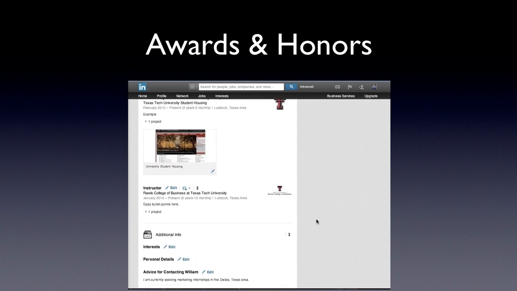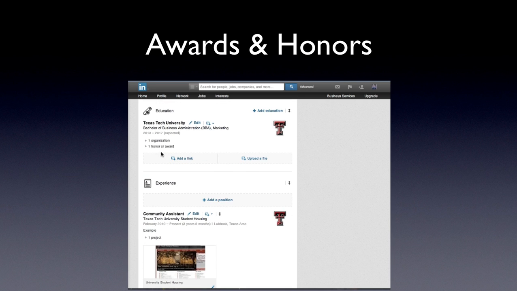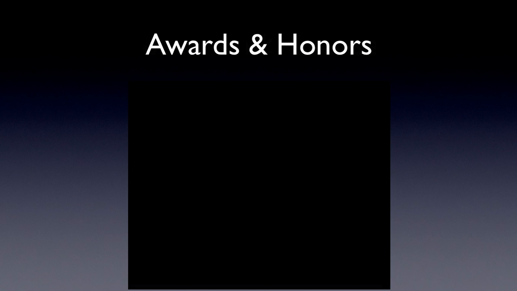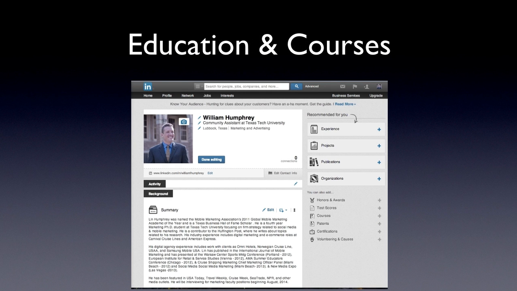Let's scroll back up to our education, and there's our award. So at this point in your career, you may not have had honors and awards or projects yet. You will, but one thing that you can put right away is courses.